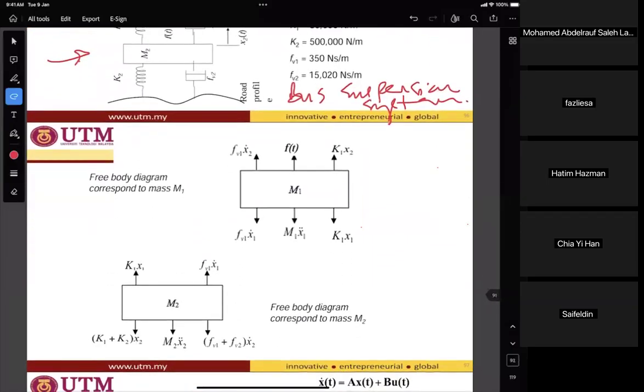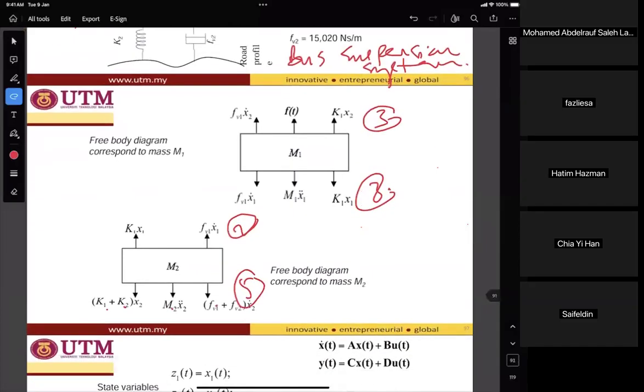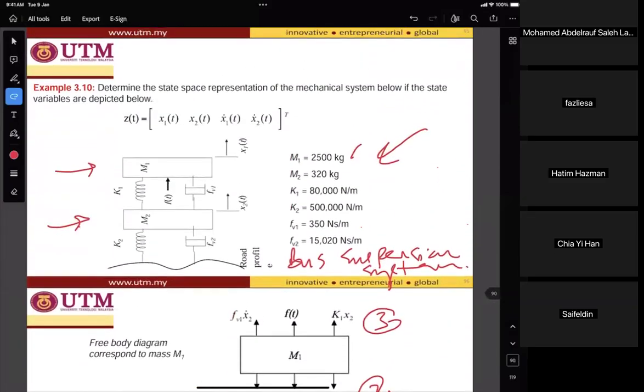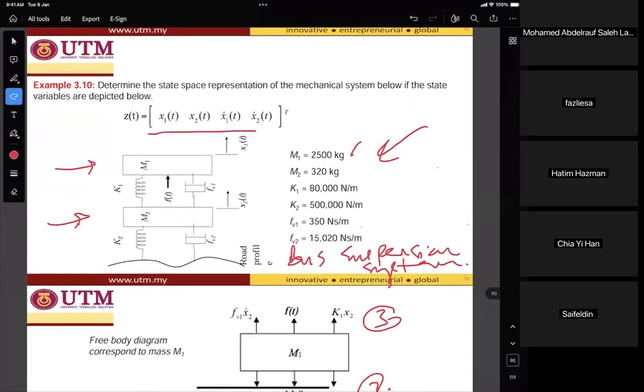So as usual, you draw the free body diagram, and then from there you have the forces. The state variables are mentioned here.